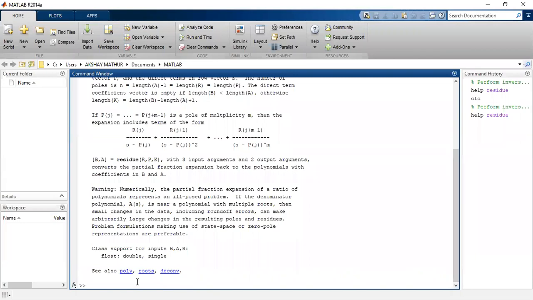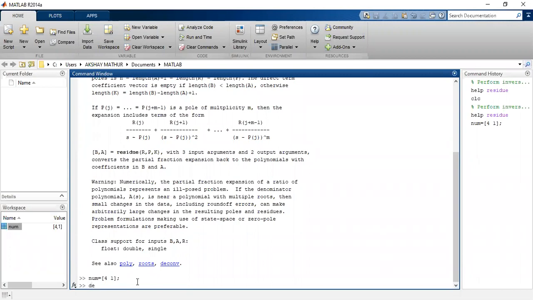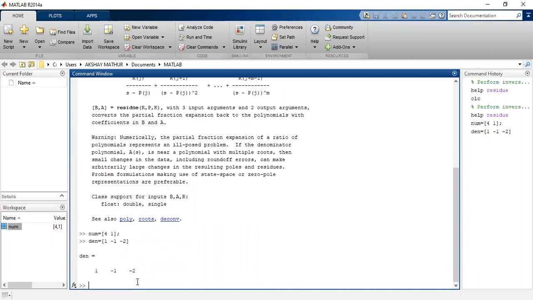First of all, we enter the numerator part. Numerator coefficients in a square bracket: 4 and 1, and a semicolon. Next we add the denominator values, which is equal to, in square brackets, 1, minus 1, and minus 2, bracket closed, and enter.